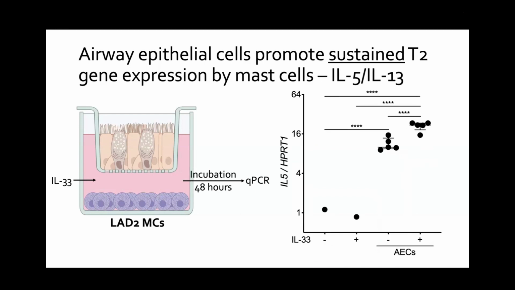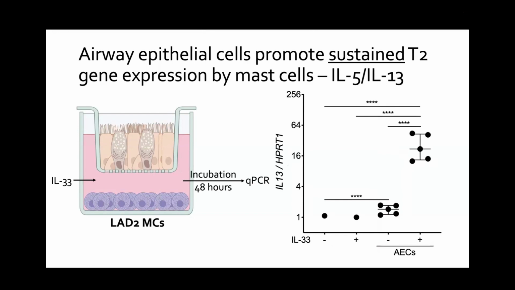And the same thing for IL-5, just having that mast cell sitting there with the epithelium increases its IL-5 generation. So that brings up the possibility that those EOs that you see there are actually just downstream of mast cells, because the mast cells are making the IL-5.